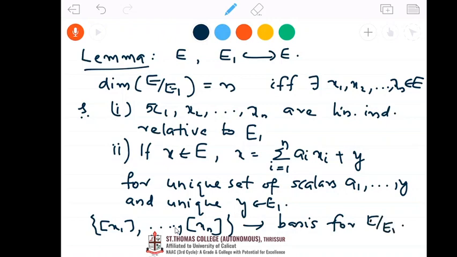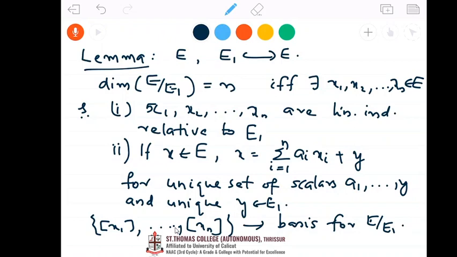So if we prove that class x1, class x2, etc., class xn form a basis for E over E1, then that means the dimension of E over E1 is equal to n. Or if we take the dimension of E over E1 as n, then that means the quotient space E over E1 has bases with exactly n elements.